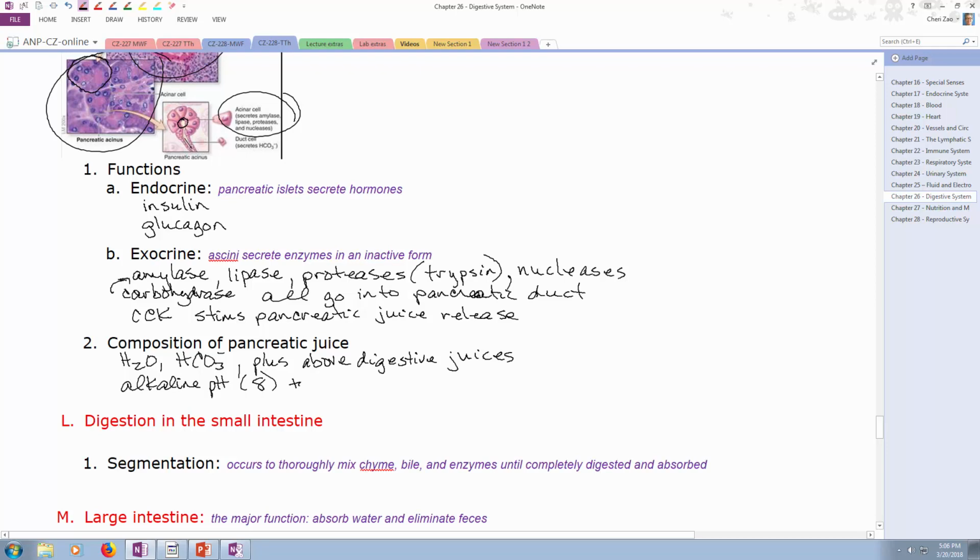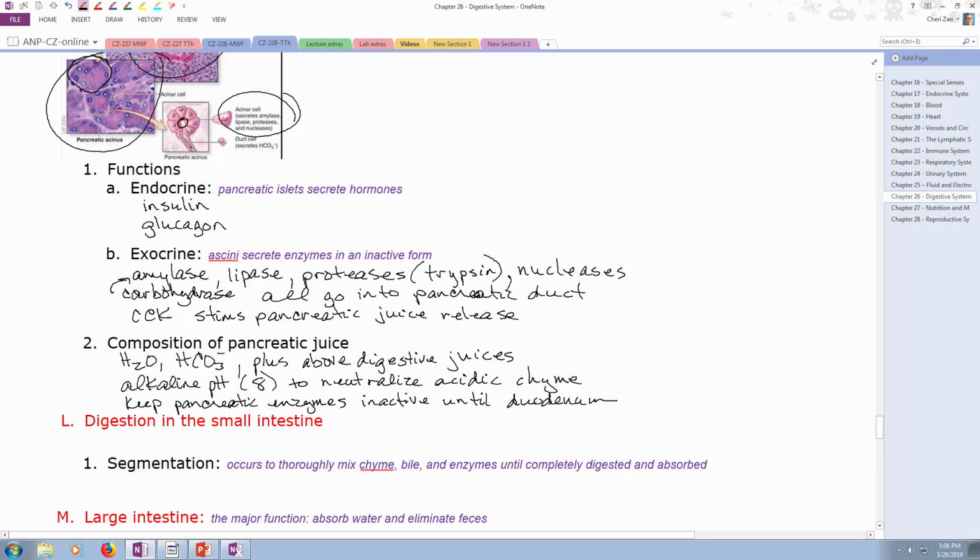And this is to neutralize the acidic chyme in the duodenum. And because of this, we can keep pancreatic enzymes inactive until the duodenum.